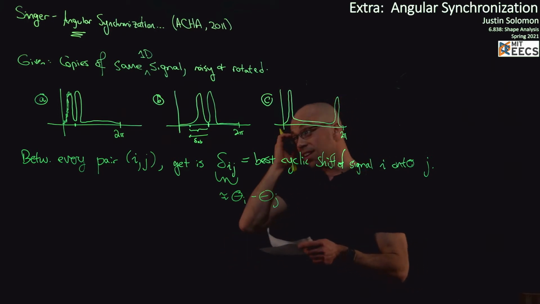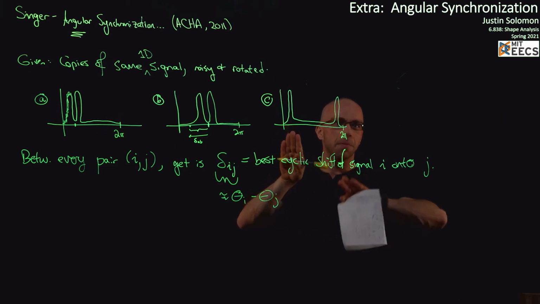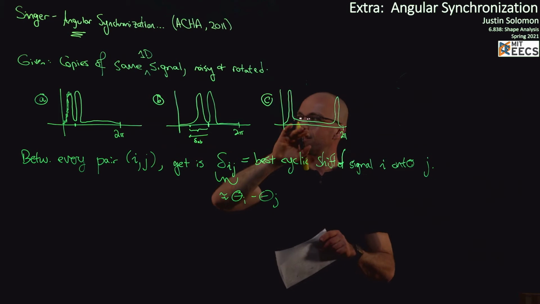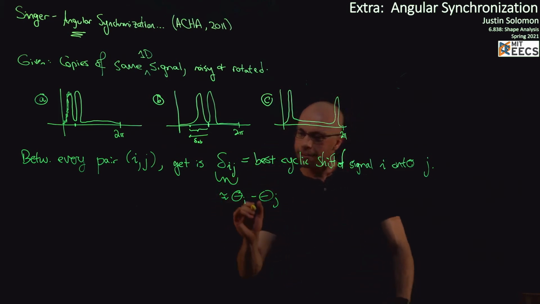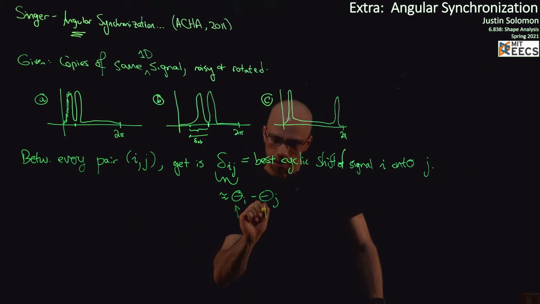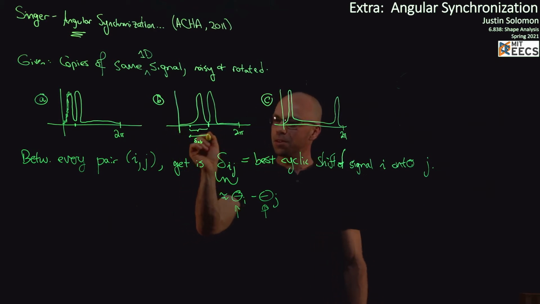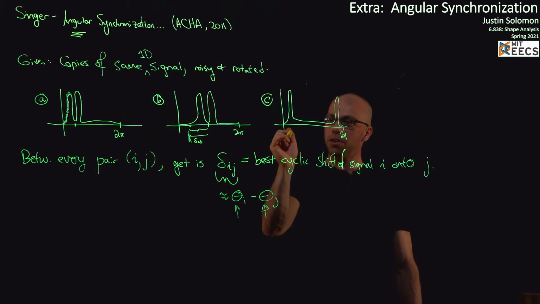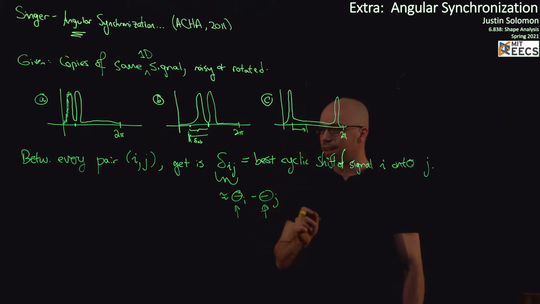The idea here is that between every pair of signals, just by enumerating every possible rotation, I can find the best rotation that shifts one onto the other. But they're not cyclically consistent, so I'm going to make them cyclically consistent by assigning a theta to each of these that puts them in a common reference frame. So maybe it shifts this guy to the left to align with signal A, maybe shifts this one to the right a little bit, to move this bump over to the other side, and so on.